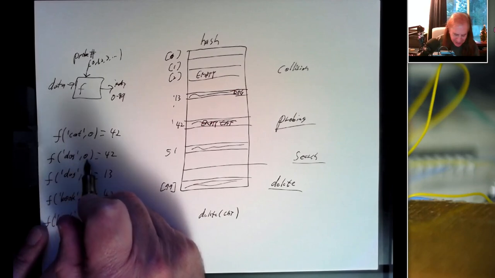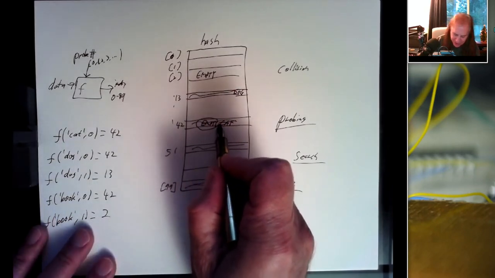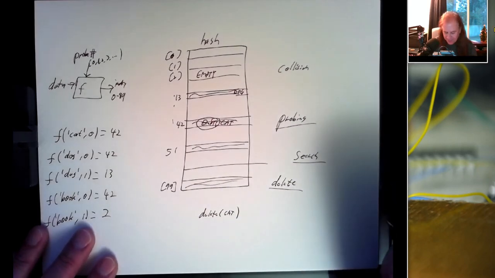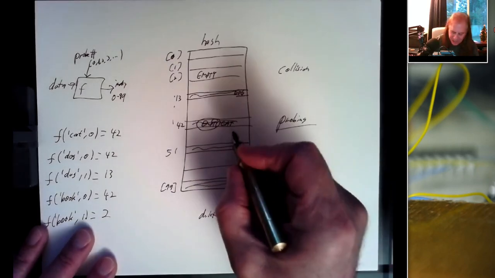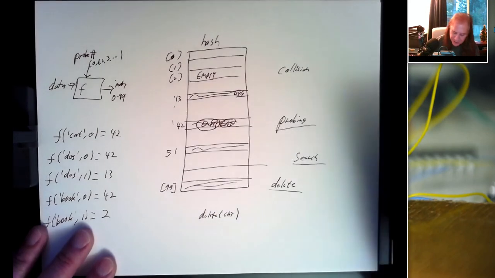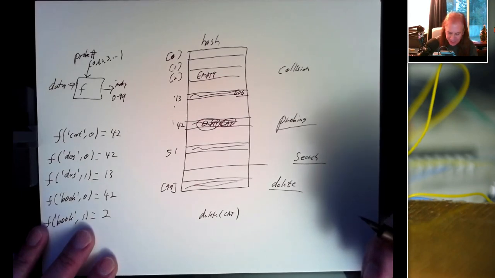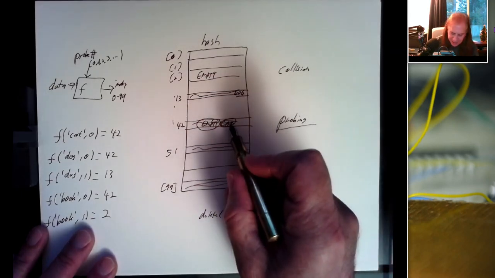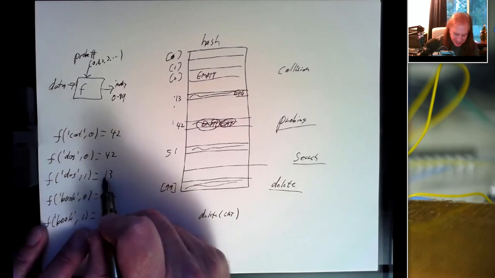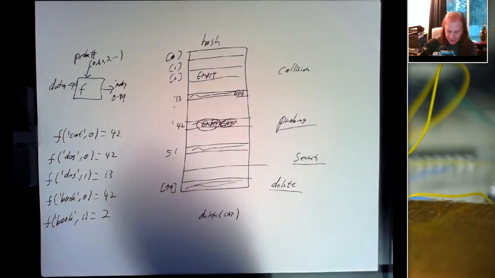I hash a dog, probe is 0, I get a 42, I look at 42, that's empty, and I'm going to say there's no dog. So I need to know that cat is not stored in here anymore, but I need to know that there was something stored there, and that might have caused a collision. And so if I find that that's not the dog I'm looking for, I still have to rehash, get my index of 13, check location 13, and find the dog right there.